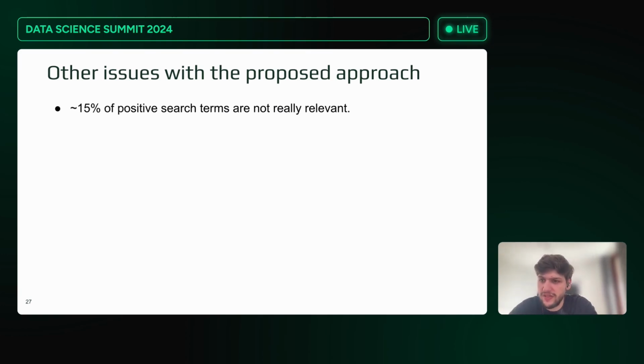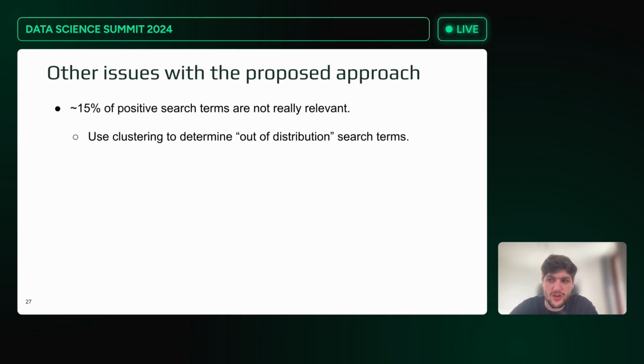And the solution that we found here is that you can use clustering to determine which search terms are sort of out of distribution, and then you can just discard those, basically the biggest outliers, and that gets rid of maybe half of the irrelevant search terms, gets you from 15% to maybe 8-9% noise still.